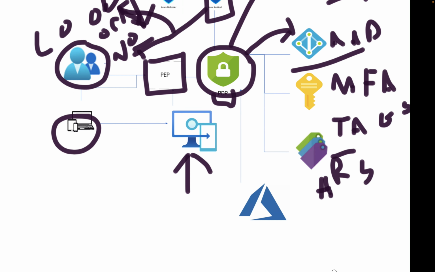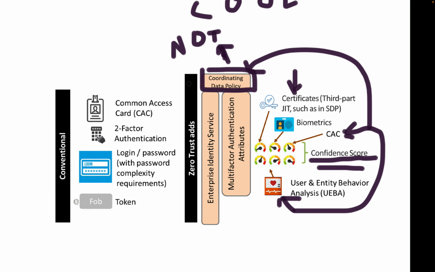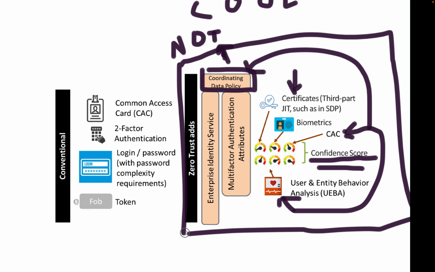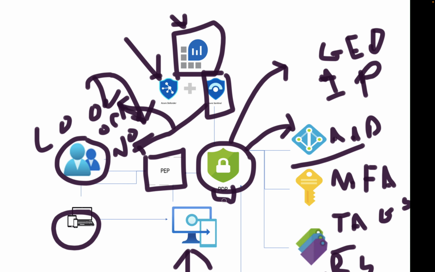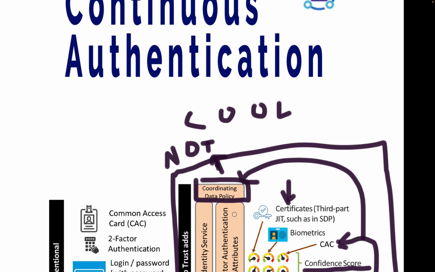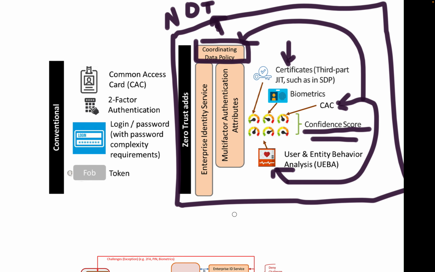All right, it takes all of that and builds it into a confidence score that can change continuously. That's how you manage continuous authentication. So all these pieces right here are going to help maintain the continuous authentication piece.